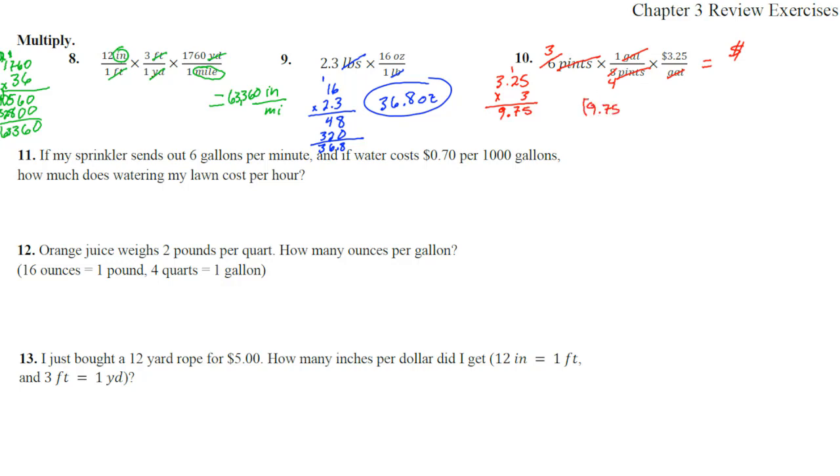9.75 divided by 4. So 4 goes into 9 twice. 2 times 4 is 8. Subtract, we get 1. Drop down the 7. 4 into 17 is 4. Put that decimal place where it goes. That's 16. Subtract, we get a 1. That's a 15. 4 goes into 15 3 times. 3 times 4 is 12.